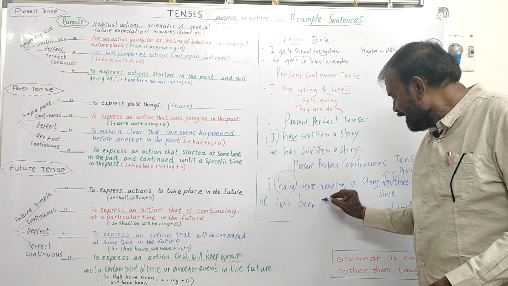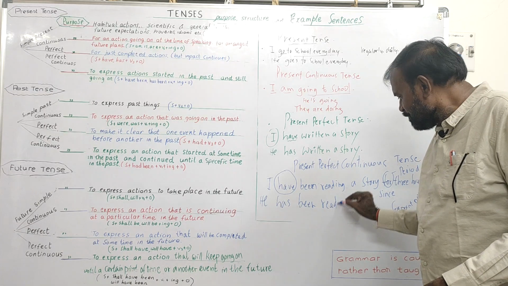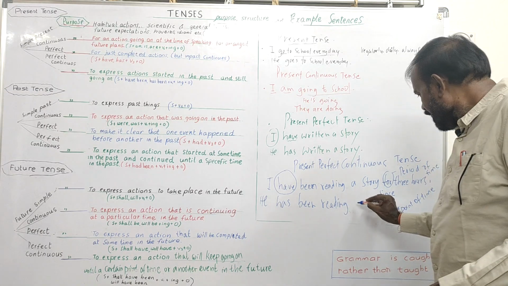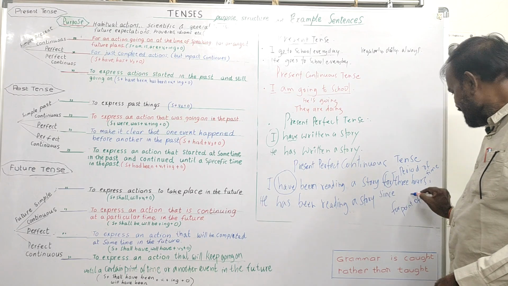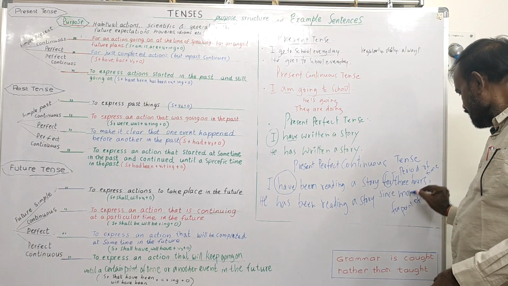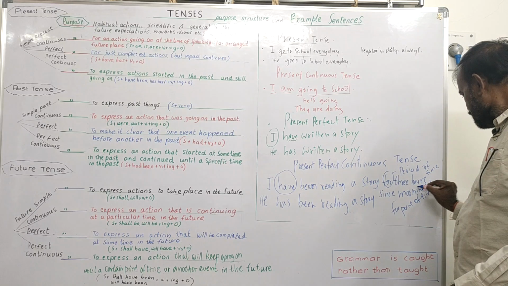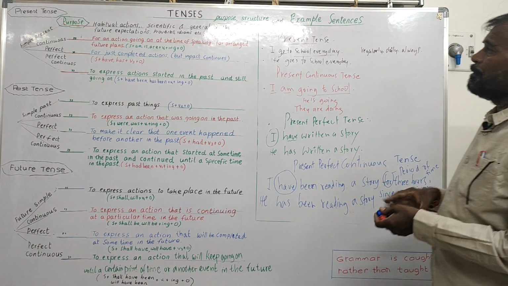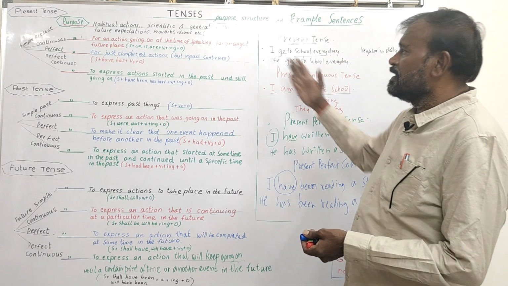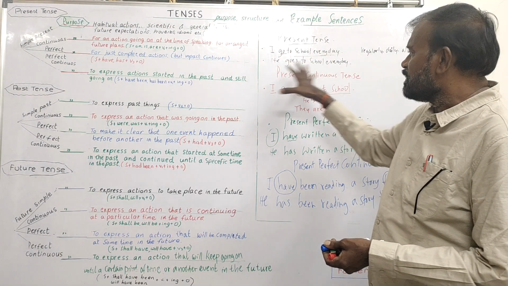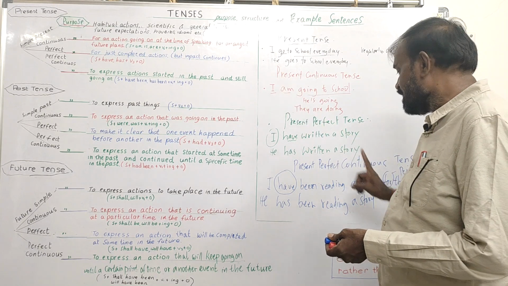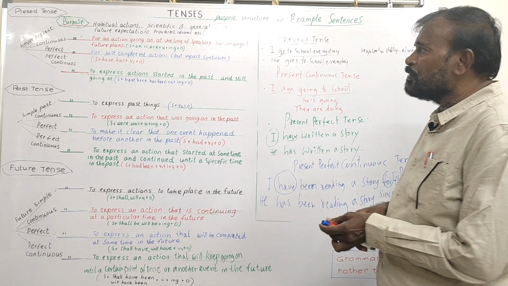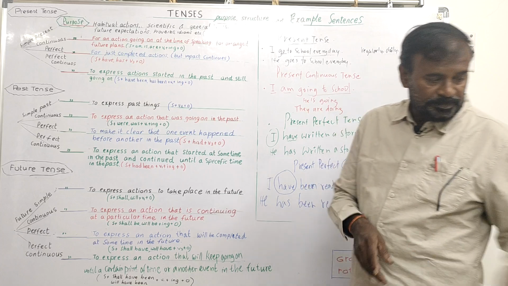He has been reading a story since morning. It is about the present tense, 4 types: simple present tense, present continuous tense, present perfect tense, and present perfect continuous tense. Come to the past tense.